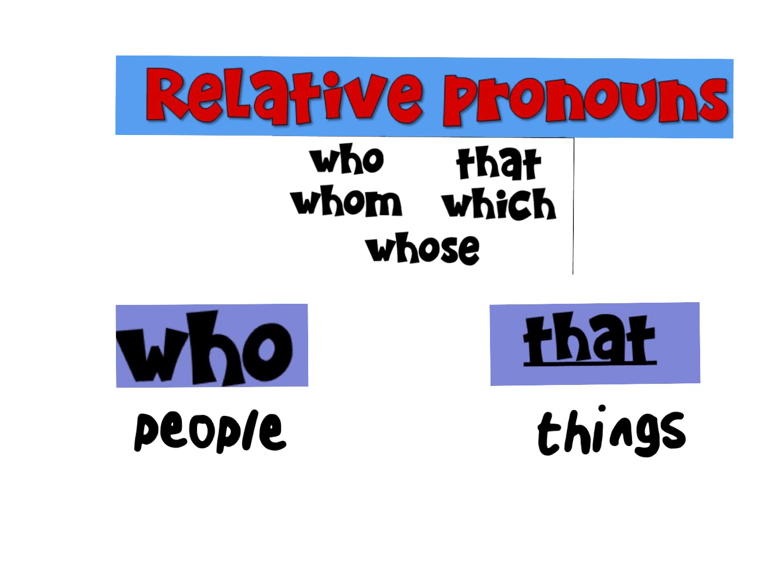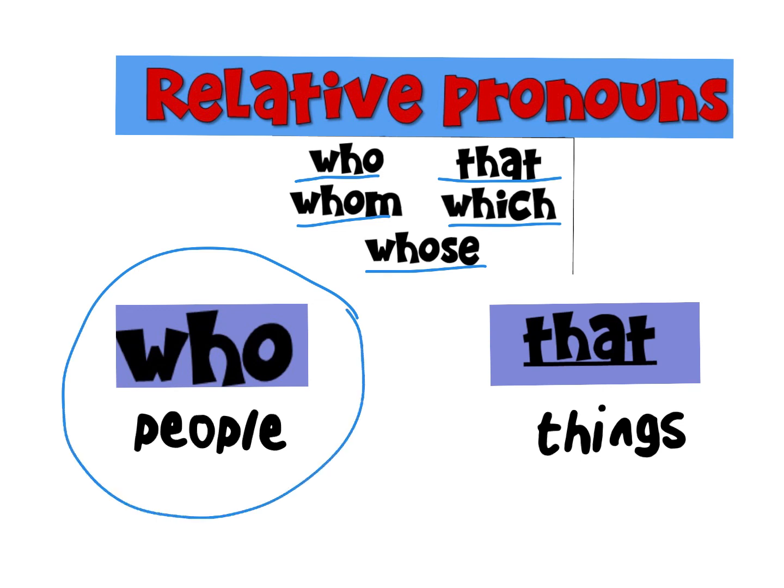So to review, relative pronouns are who, that, whom, which, and whose. Who is for people. That is for things. We are mainly going to be focusing on using who to give us more information about the noun or pronouns of people, and we're going to use that when we give ourselves more information about things.